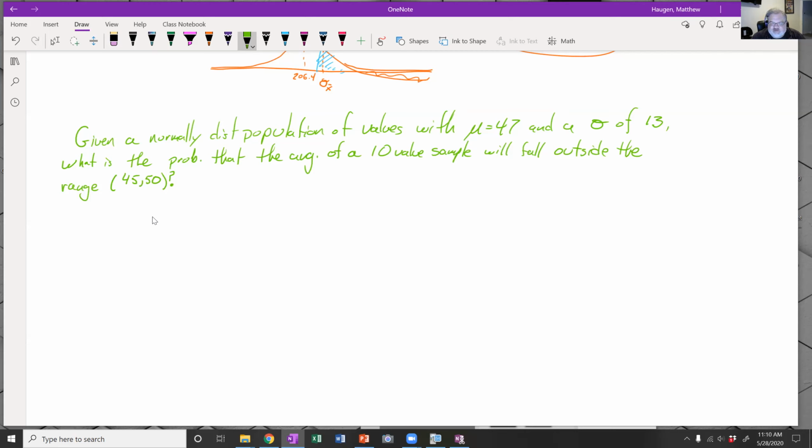So 47 is not centered in there, but 47 is near the middle of that range. We've got a standard deviation of 13, that's pretty wide. And this 45 to 50 is comparatively tight. So it might seem reasonable that we're going to get a lot of things outside that range. Fair?